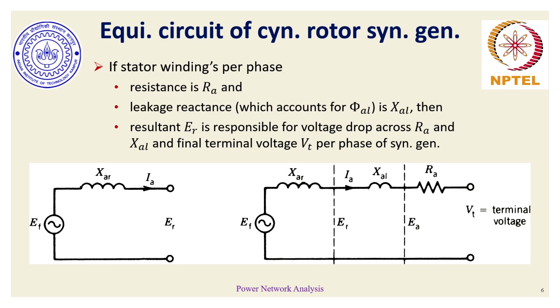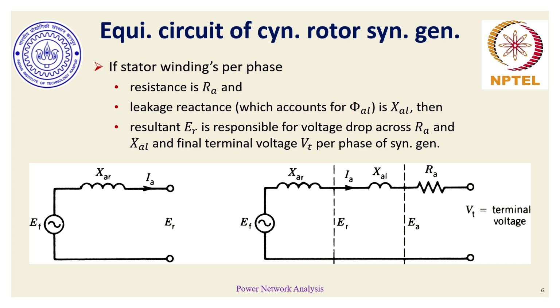The stator windings will definitely have some resistance. We have also not considered the effect of leakage flux, which links only to the stator and does not go beyond the air gap. So we also have to consider those voltage drops, and evaluate the net terminal voltage per phase across the synchronous generator winding.